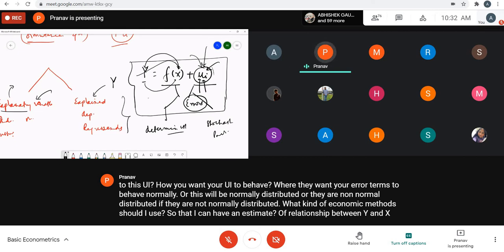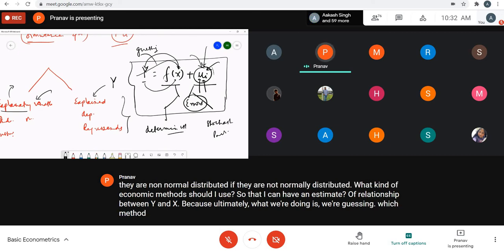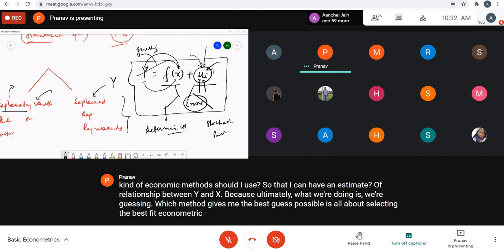Because ultimately what we are doing is we are guessing. Which method gives me the best guess possible is all about selecting the best fit econometric model.